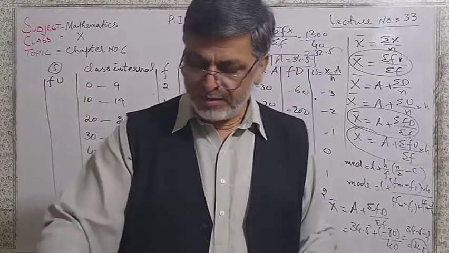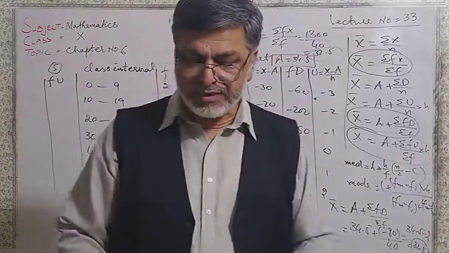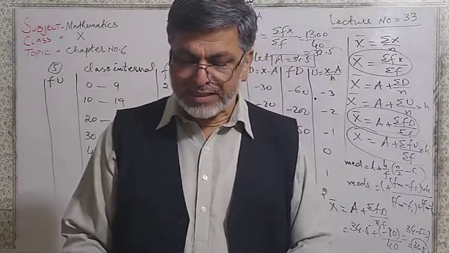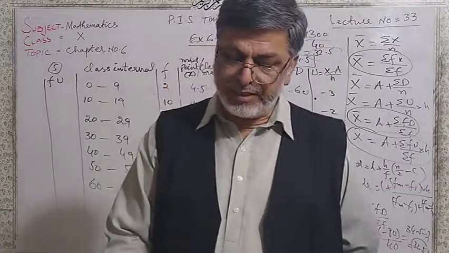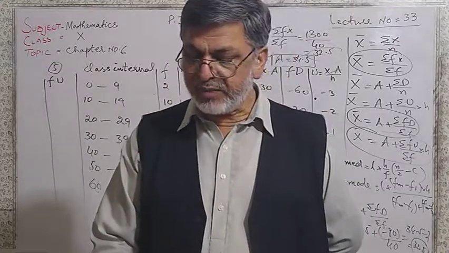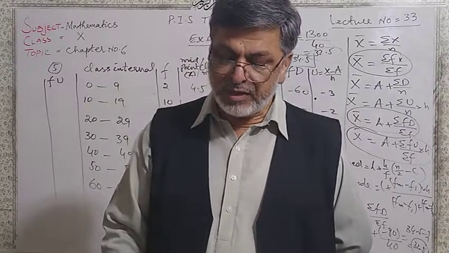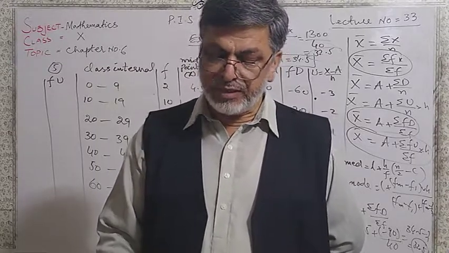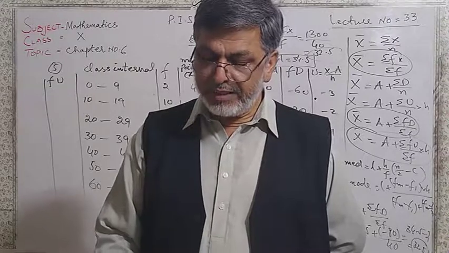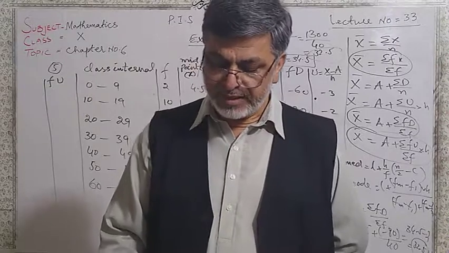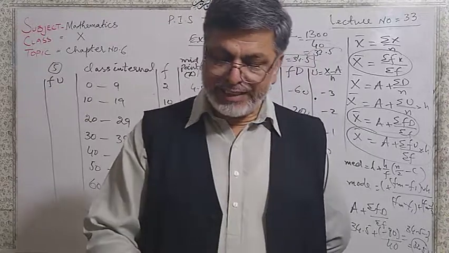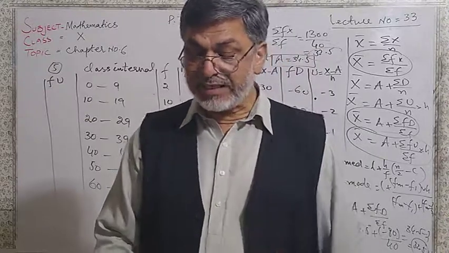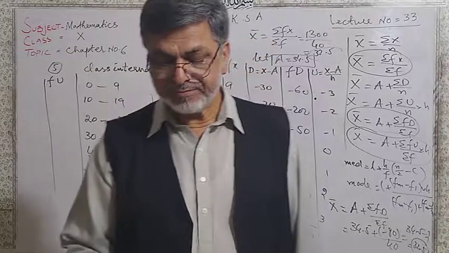After that, we can have our question number 9. In question number 9, the following frequency distribution of weights in kilograms is given. We have to compute mean, median and mode. You must know that this data is grouped data.